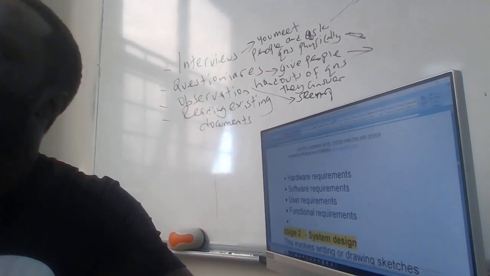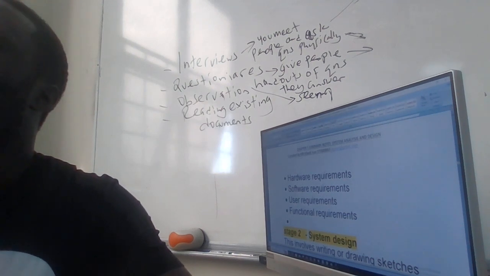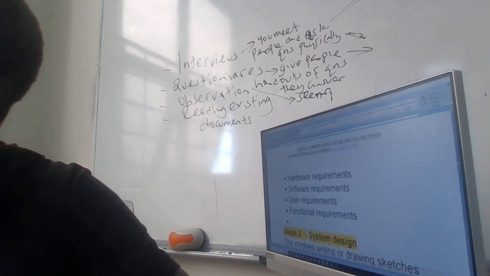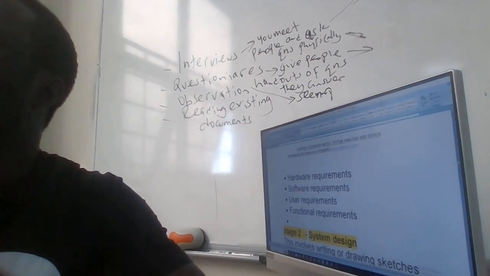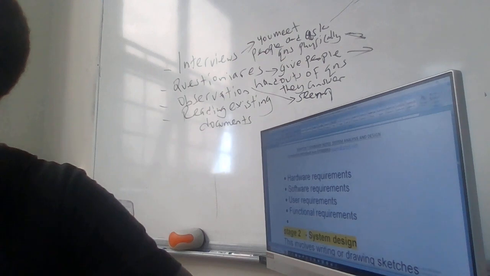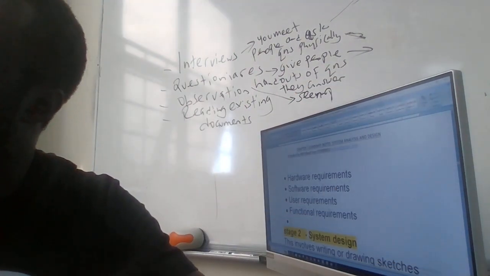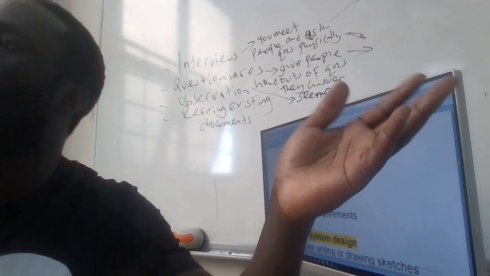For example, if you're making a computer system for a supermarket, you're going to say we need a barcode reader. Why? Because you know it's going to be used. We need a monitor or a screen. We need speakers. Why do you need speakers? To alert people about errors.